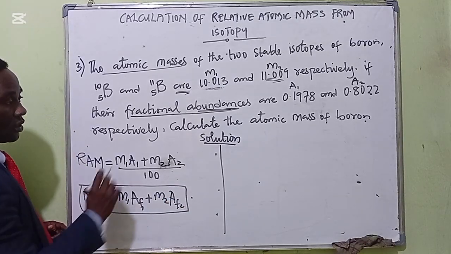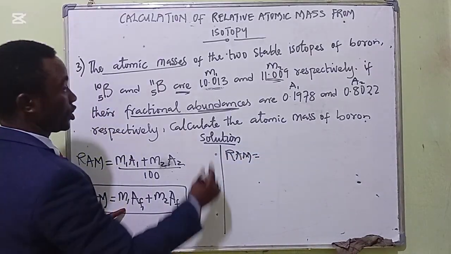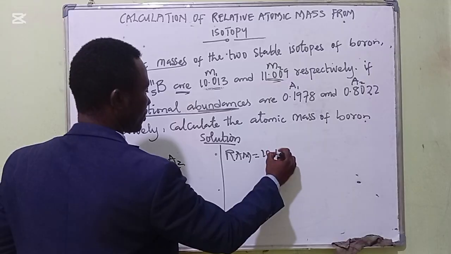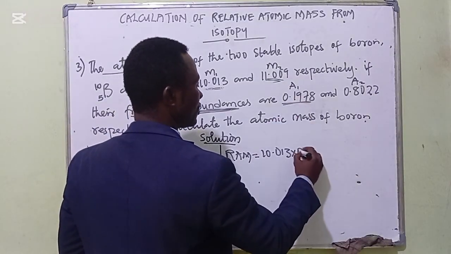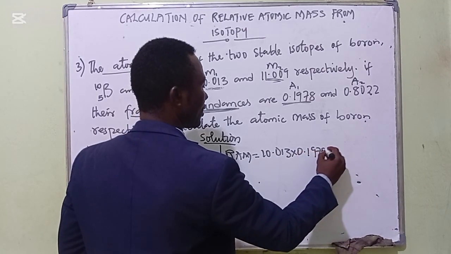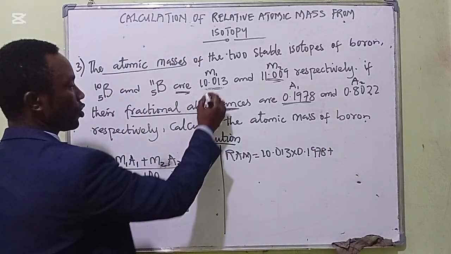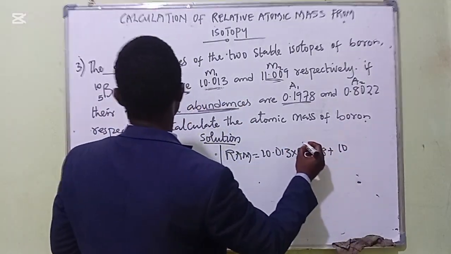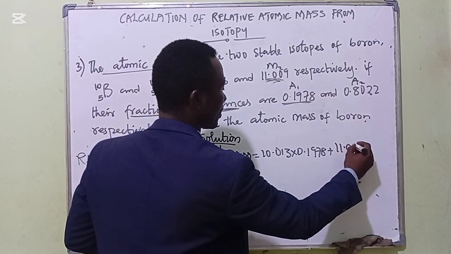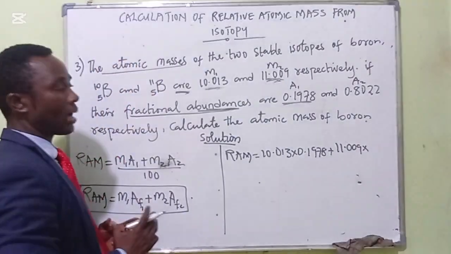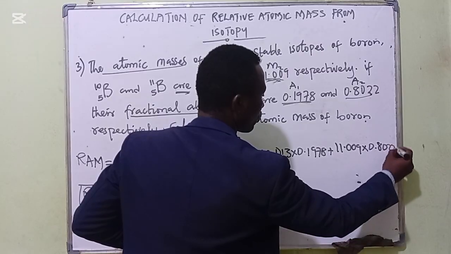So our RAM will be equal to mass 1, which is 10.013, multiplied by its fractional abundance, which is 0.1978, plus mass 2, which is 11.009, multiplied by the fractional abundance, which is 0.8022.